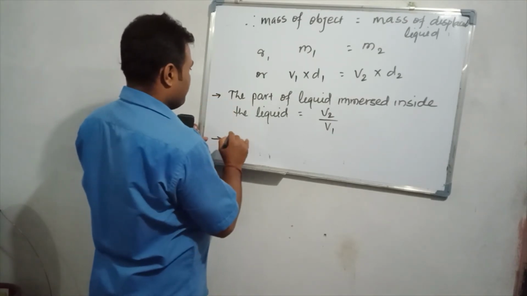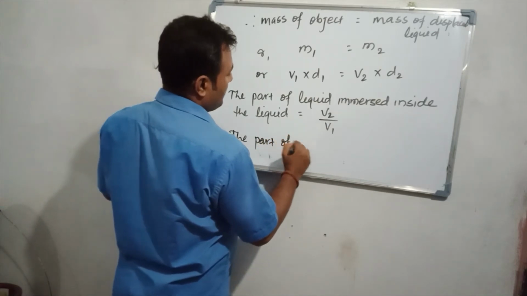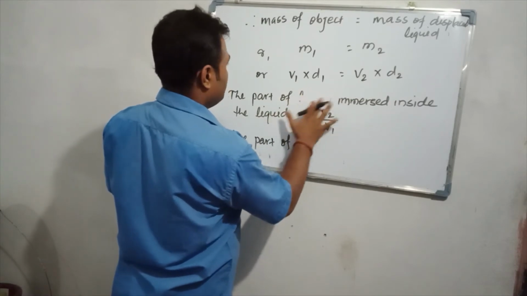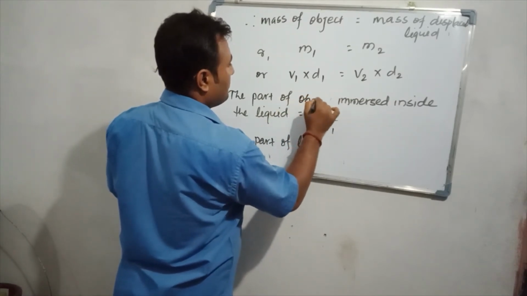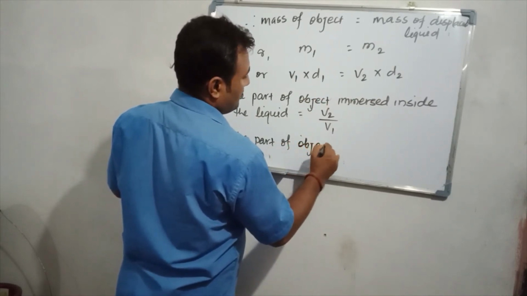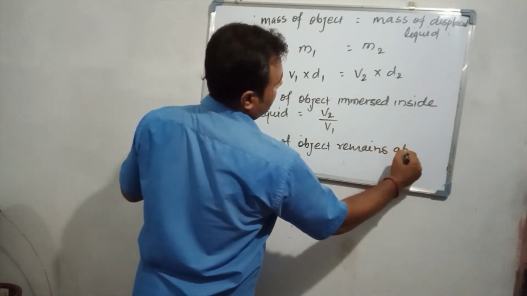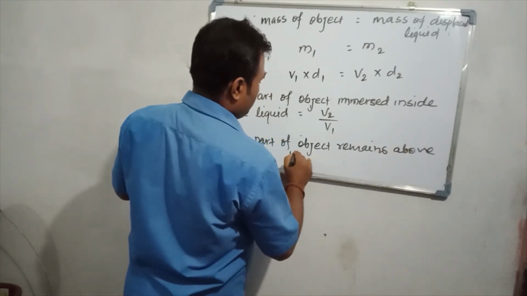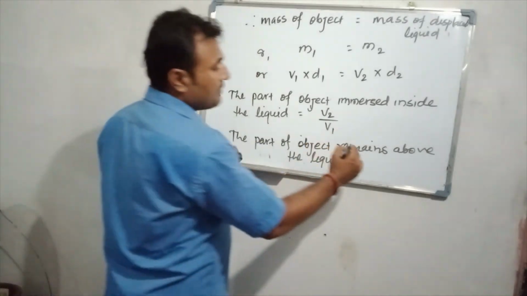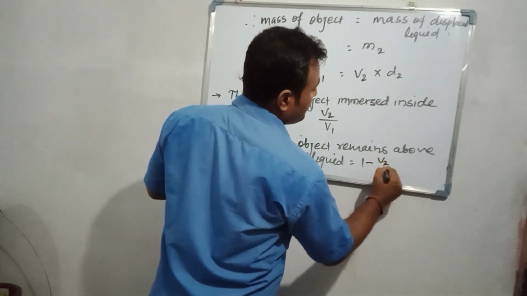Similarly, the part of the object that remains above the liquid can be calculated by taking the total as 1 minus V2 by V1.